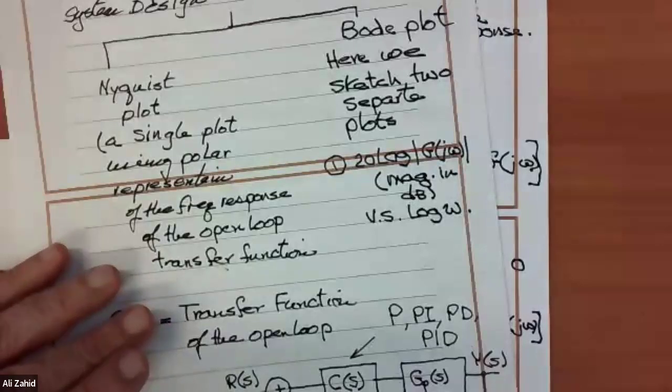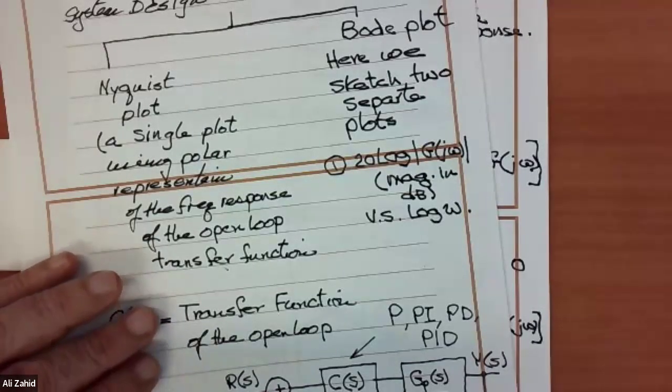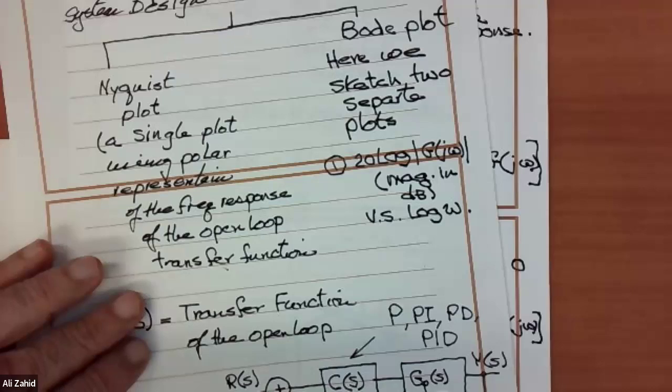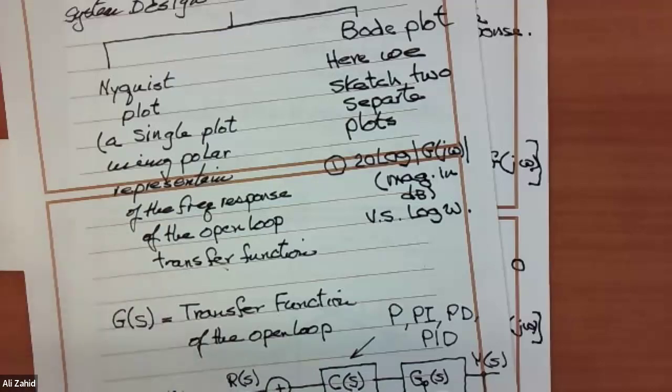I'm going to use a logarithmic scale for omega. So when you look at the horizontal axis for omega, you see, for example, 0.1, 1, 10, 100, 1,000, and so on.